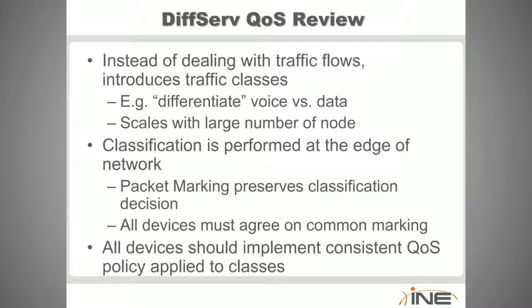Now, what DiffServ QoS means is that instead of looking at traffic on a flow basis, meaning looking at the end-to-end traffic pattern and treating all traffic flows equally, where a flow could be a voice call or a flow could be a web browsing session or an FTP session, we want to differentiate, or just tell the difference, between the voice and the data traffic. Now, what is nice about the DiffServ model is that it is very scalable.